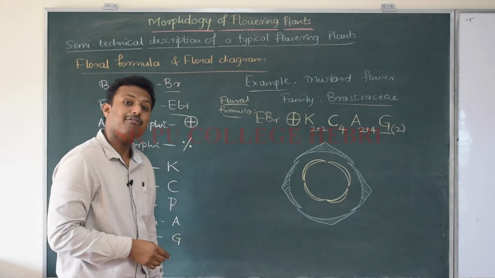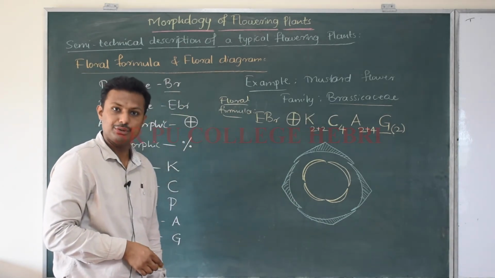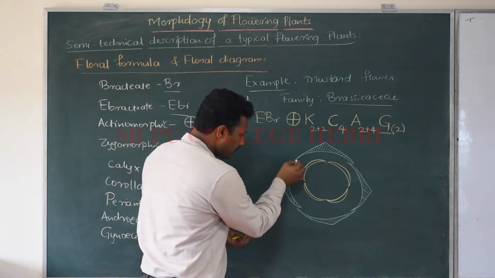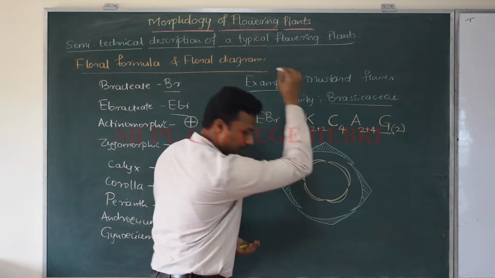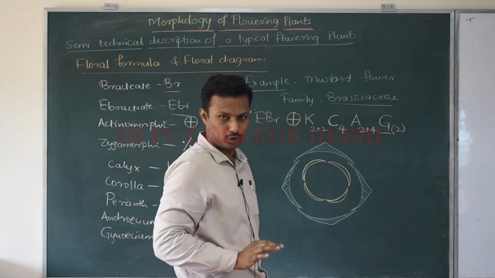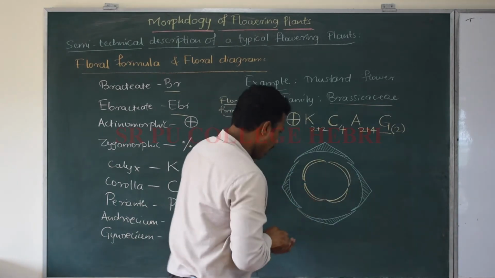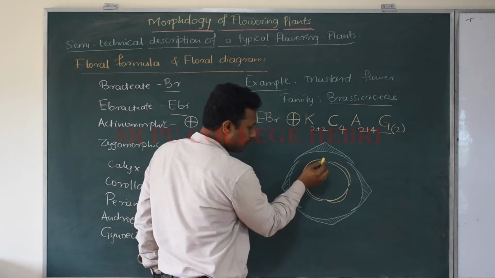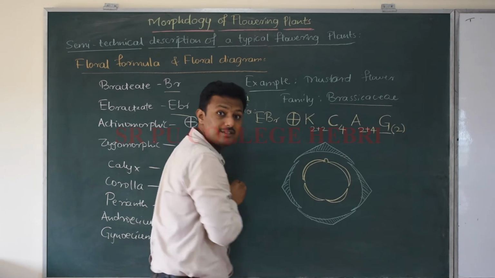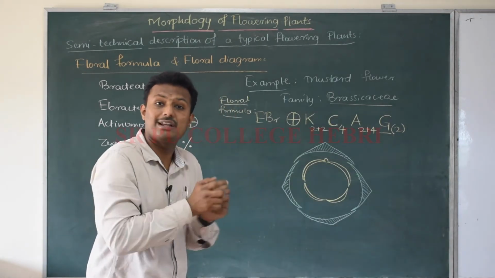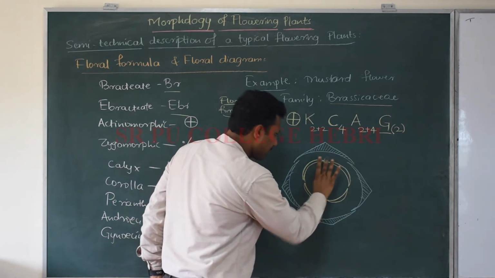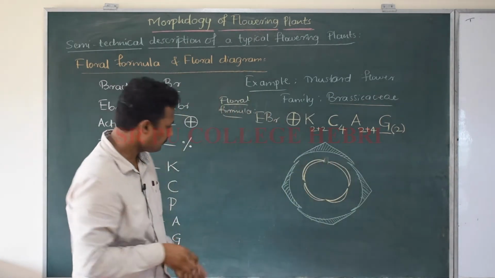And if the petals or the sepals are fused, then maybe a line is drawn here like this. But in this case they are not fused, that is why we are not drawing the line. If they are fused, a condition like this may be shown, showing the gamopetalous condition, right? But here it is not fused, that is why we are not considering it.